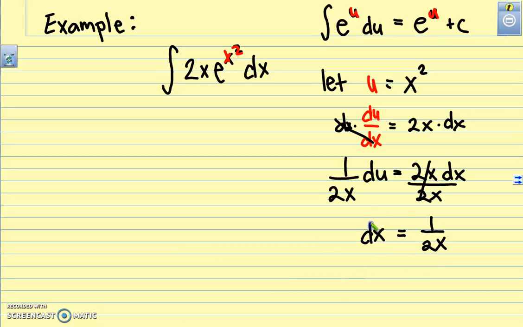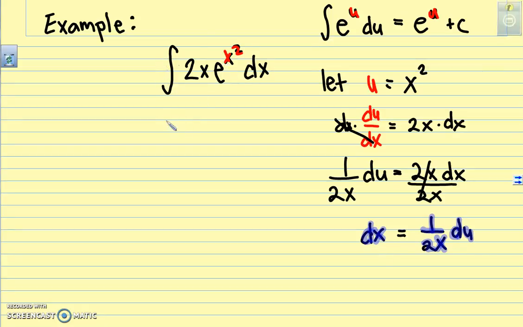Once again, let me reiterate this. The reason why I'm doing this is because now I have a value to substitute in for dx. More importantly, I have a value that will change the dx to du.